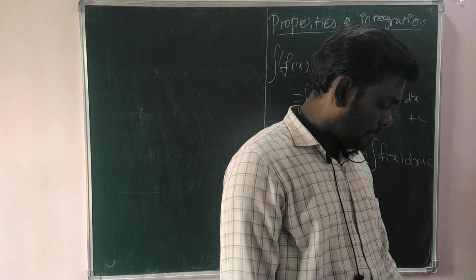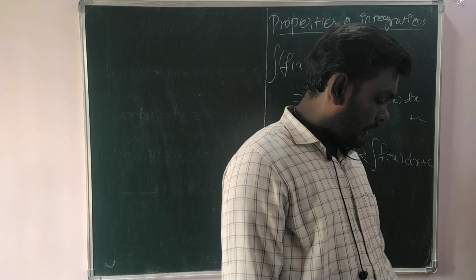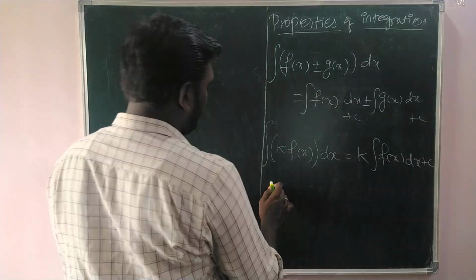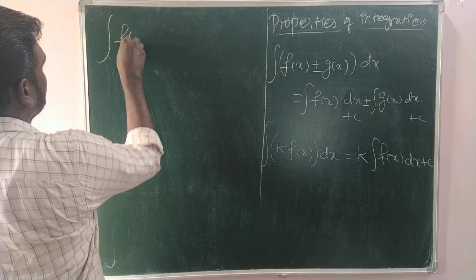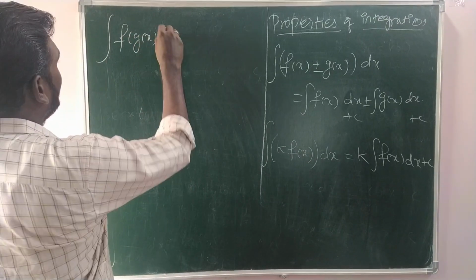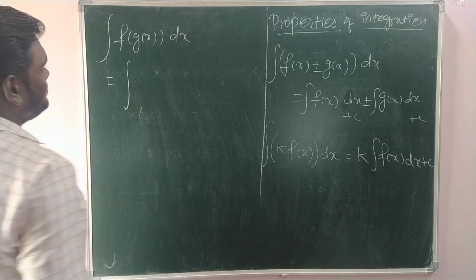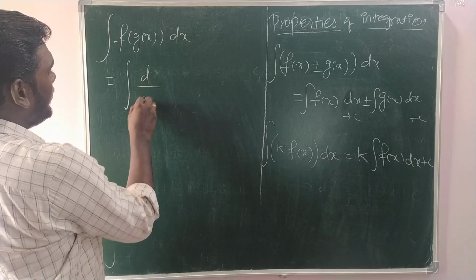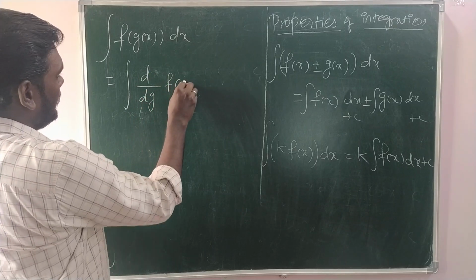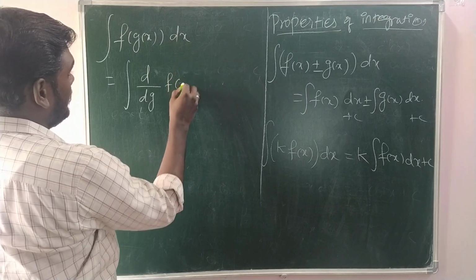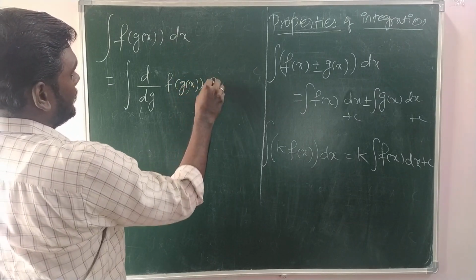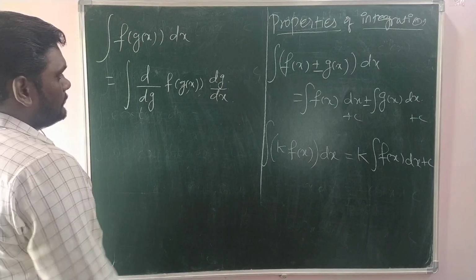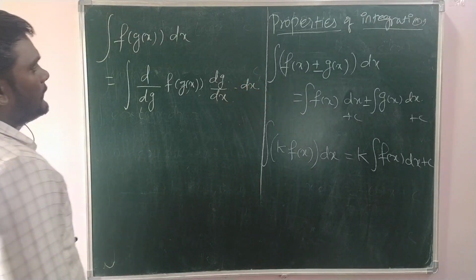And then composite functions, f of g of x. It's a composite function, so integral of f of g of x dx, how can we integrate it? First we have to find d by dg of f of x, that means f of g of x into dg by dx into dx.